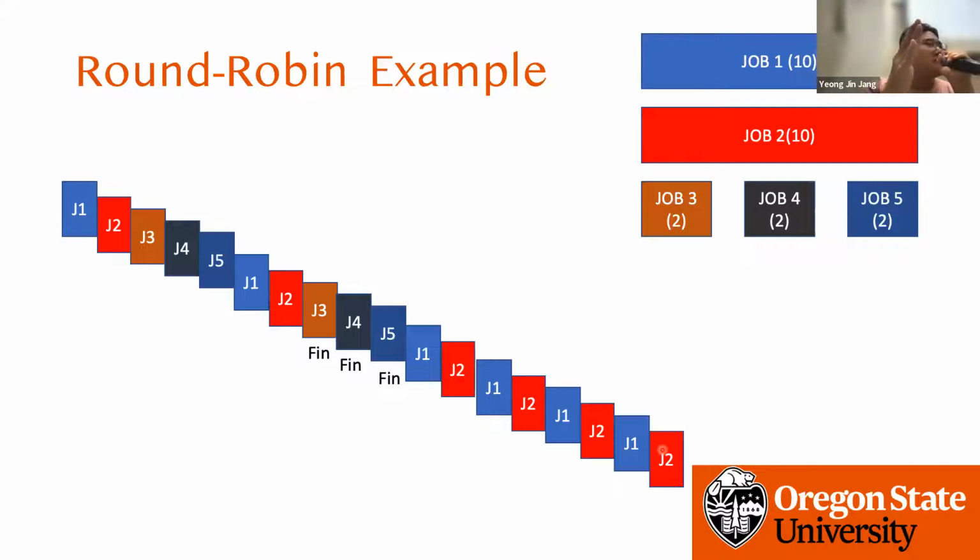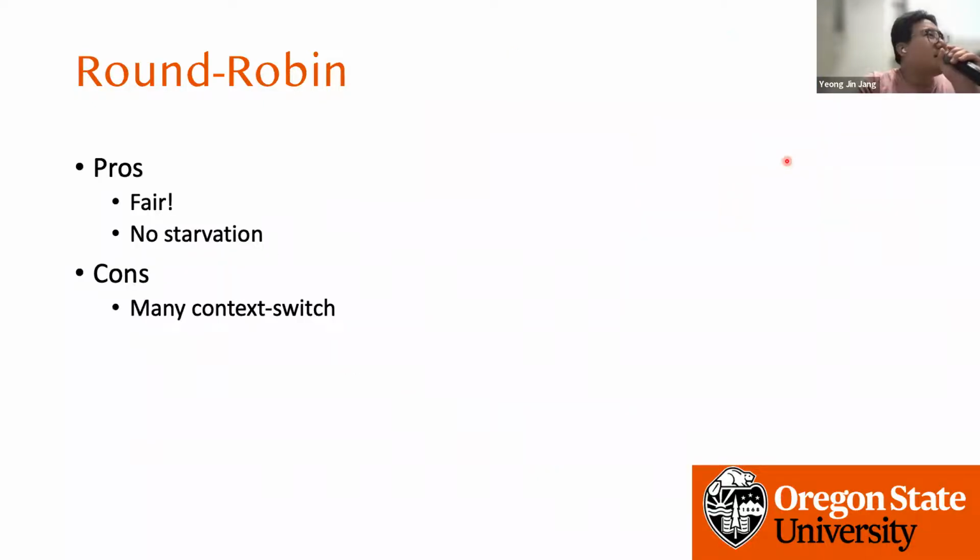In the non-preemptive mode, for running these 5 jobs, we only need 4 context switches: 1 to 2, 2 to 3, and so on up to 5, right? But in this case, we need a lot of context switches based on the job running time, so that is the overhead for round robin.